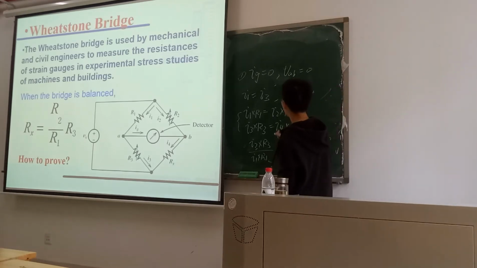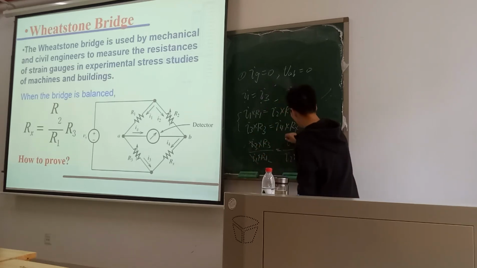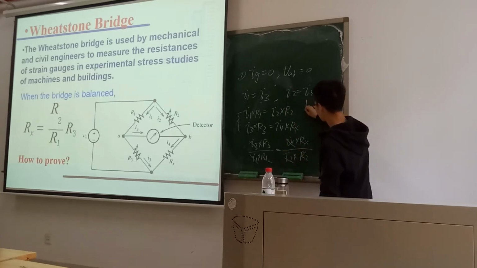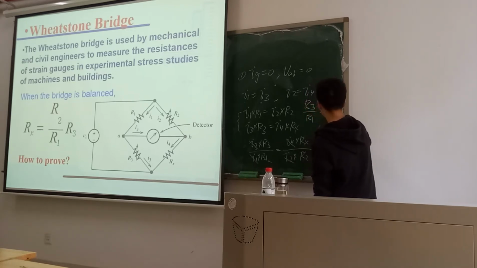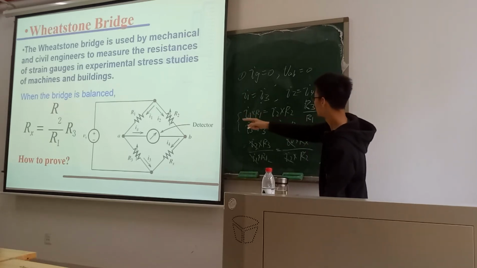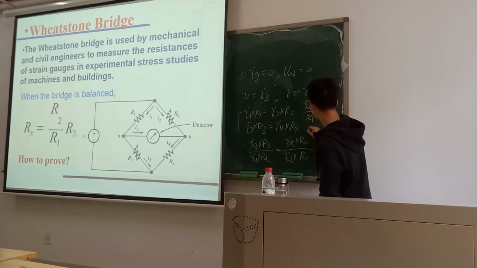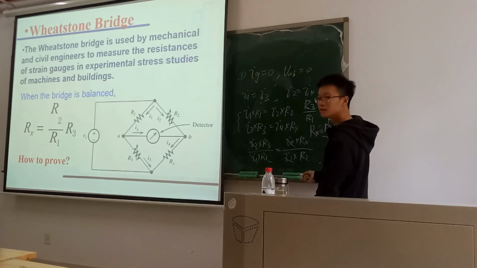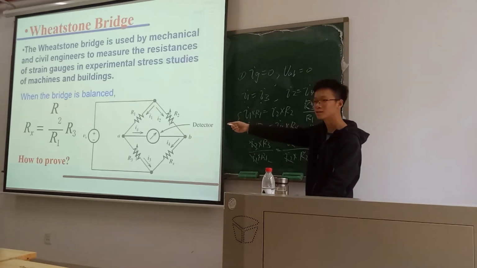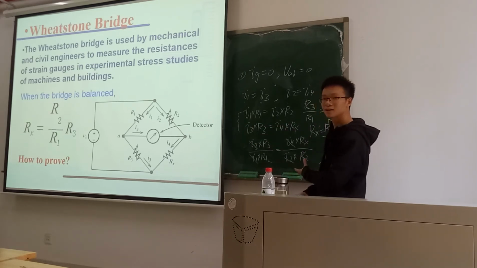Now, I1 is equal to I3, and I2 equal to I4. So R3 over R1 equals Rx over R2. So Rx is R2 multiplied by R3 over R1. Right? Now we have proved that. Okay?